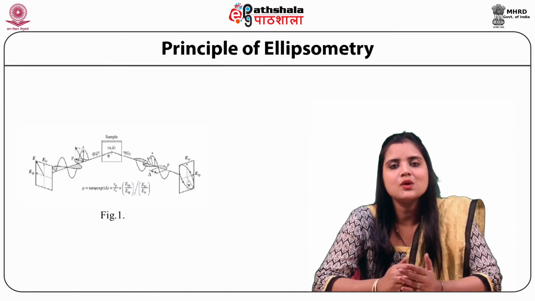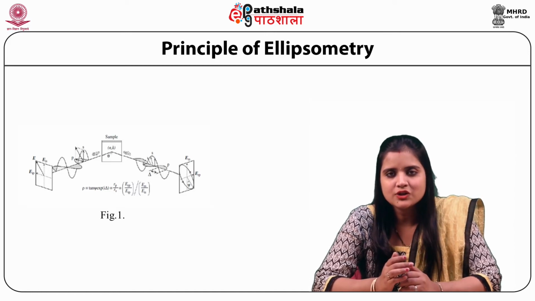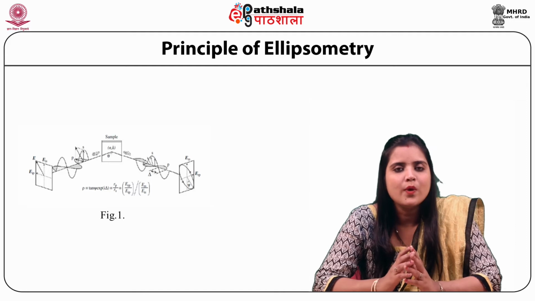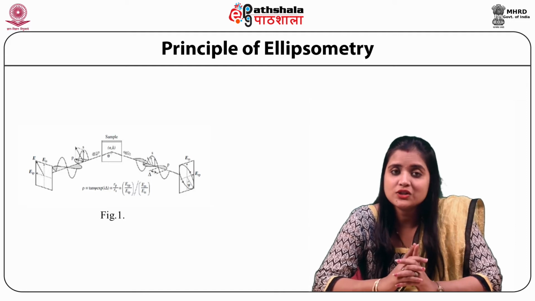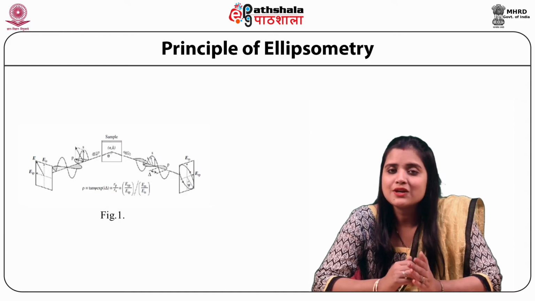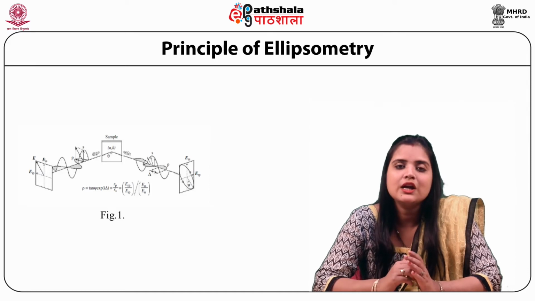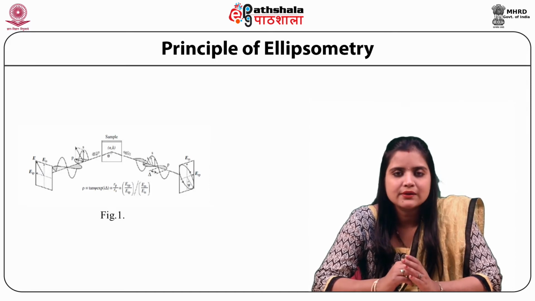The electric field vectors of incident and reflected light overlap when theta is equal to 90 degrees, which is shown in the figure. Let the incident light be polarized at 45 degrees relative to EIS.